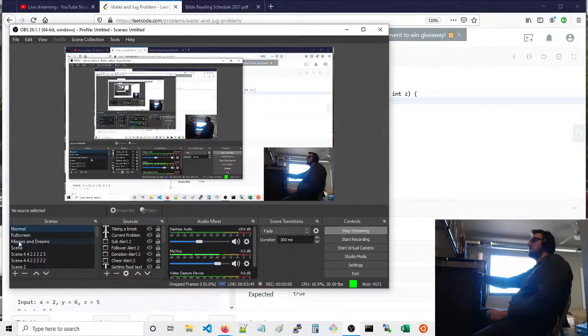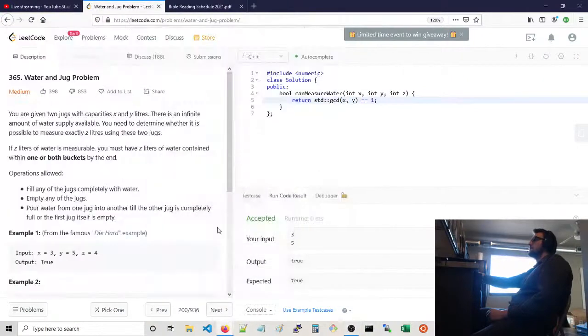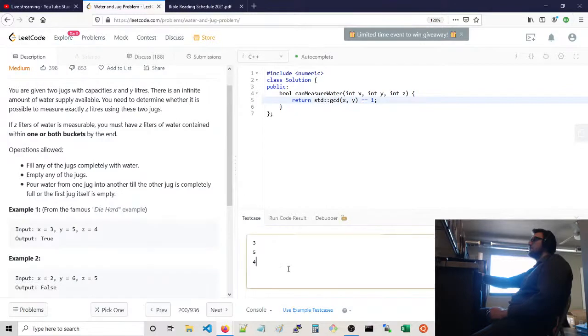Give me one second, I want to fix something with this browser. Okay, yeah, sometimes that happens. Let me test a bunch of cases. I don't actually know if this is right. 3, 5, 4.